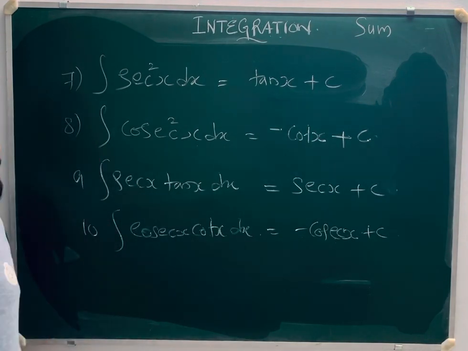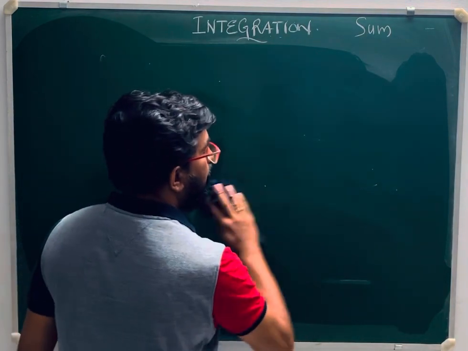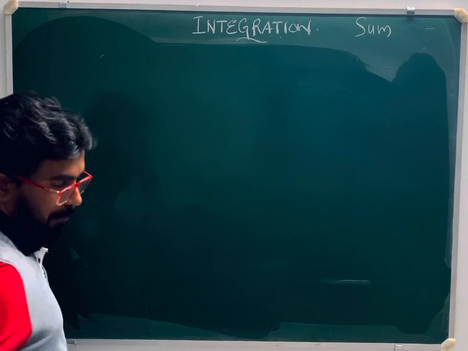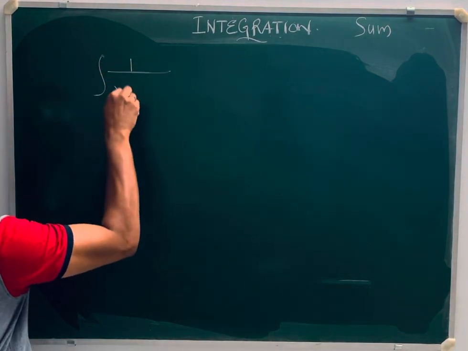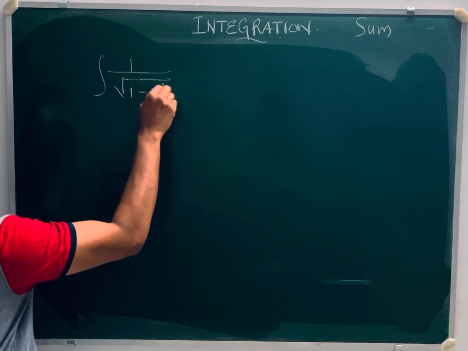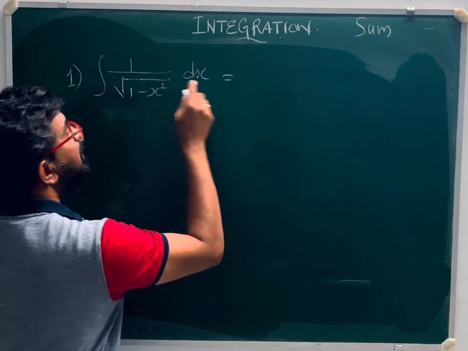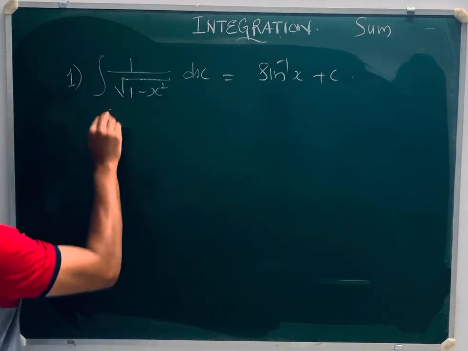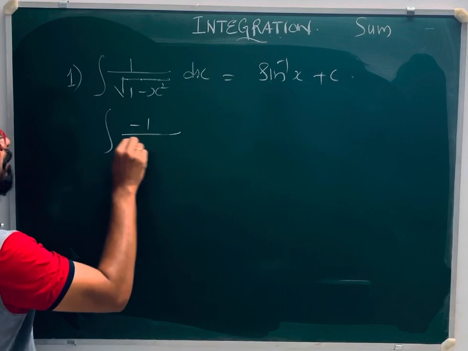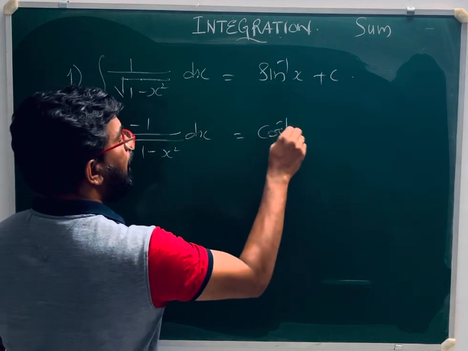Now after this we need to think about the inverse trigonometric formulas for each of the functions. That means we have 6 functions, right? So integral 1 by root of 1 minus x square dx is sine inverse x plus c. Second, integral minus 1 by root of 1 minus x square dx will be cos inverse x plus c.